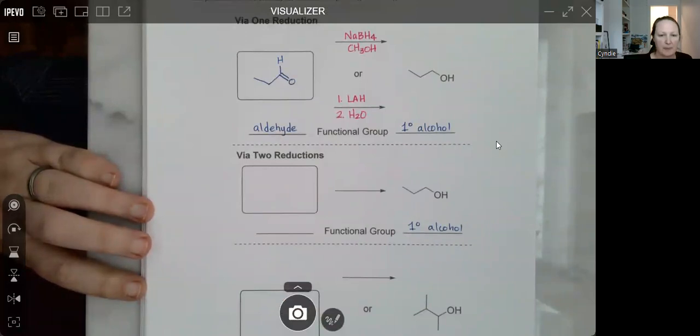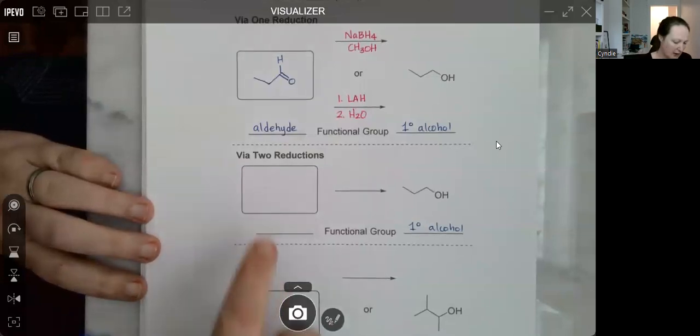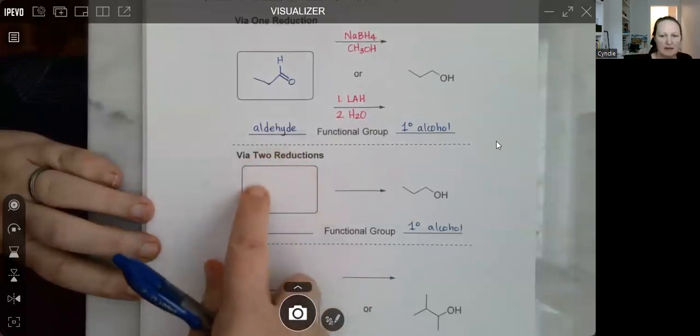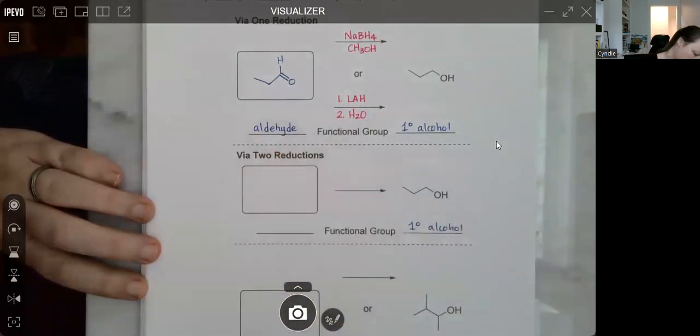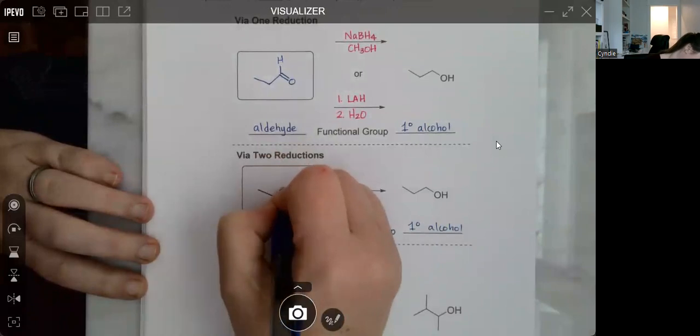I think this is asking for the carboxylic acid because there's no mention of another alcohol here. So we'll just go ahead and do that example.